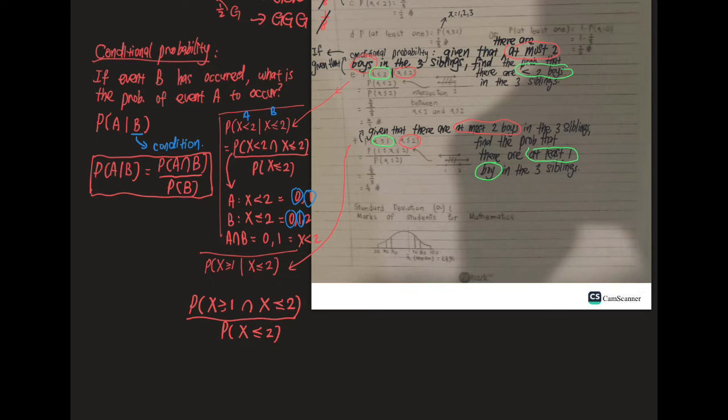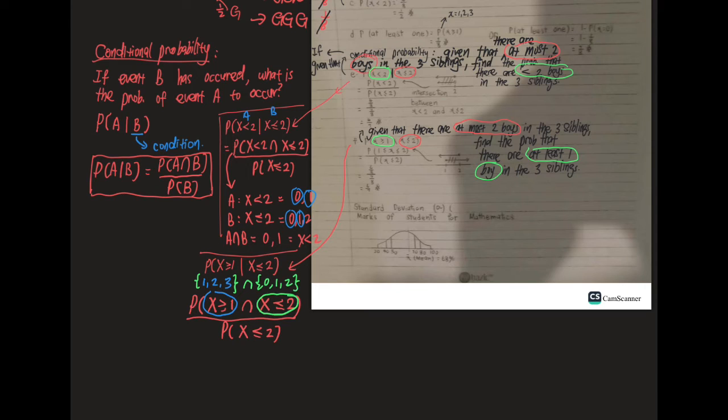This one, they can take 1, 2, 3. And this one, they can take 0, 1, 2. And then these two intersect. Intersect means find a common one.